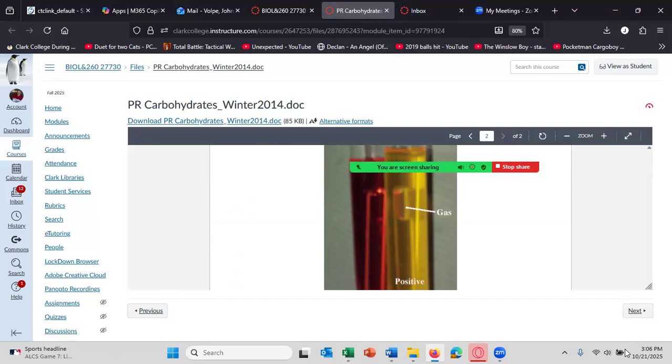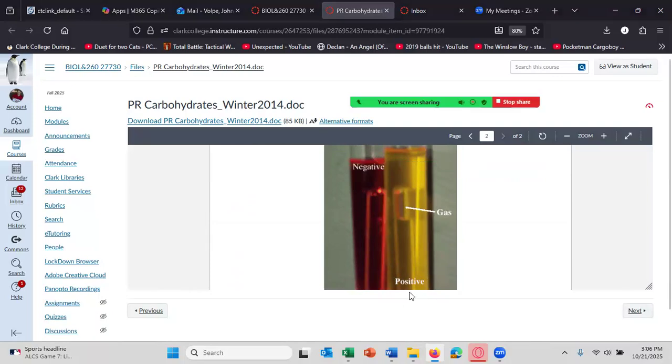There you go. So there's a tube that's PR negative, and there's the inverted Durham tube, and it's no change. So the color is either pinkish or reddish. And this one is going to be PR positive because it's turned yellow. And you can put that as A for acid.